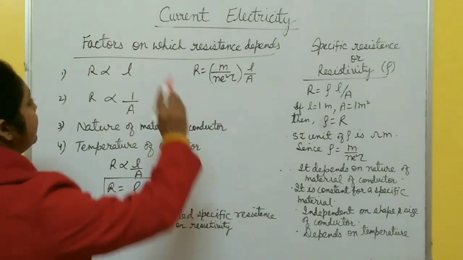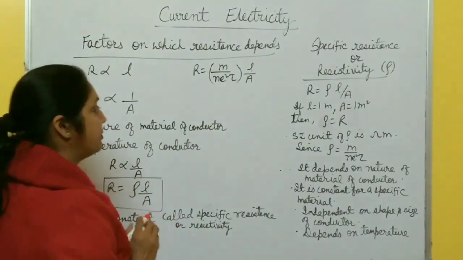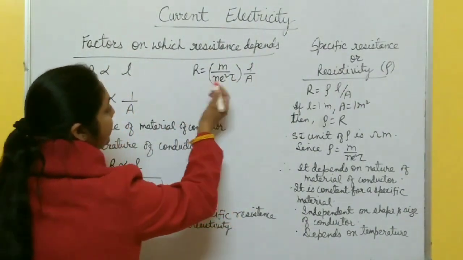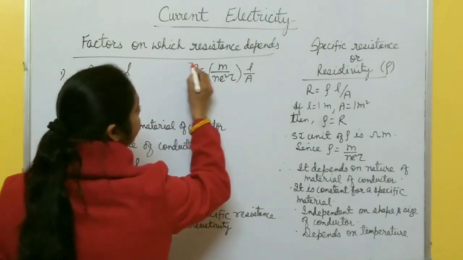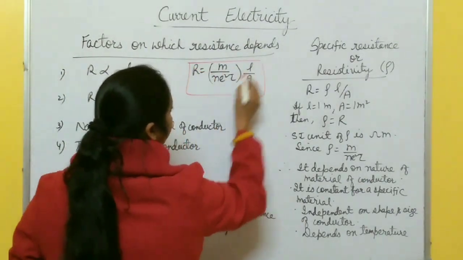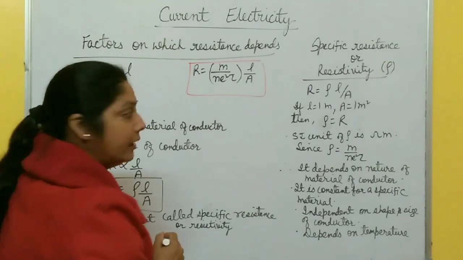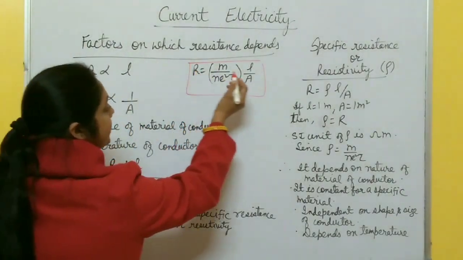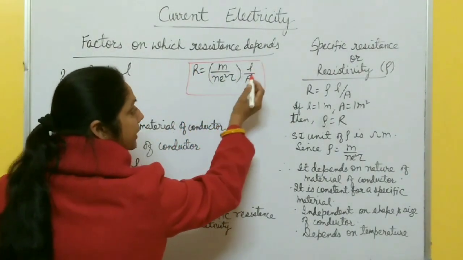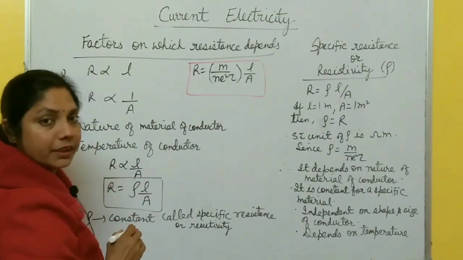Now, the next topic is the factors on which resistance depends. You know the expression for resistance; we already got it: R equals m by n e squared τ times L by A. So resistance depends on the length of the conductor and the area of cross section of the conductor. But how?